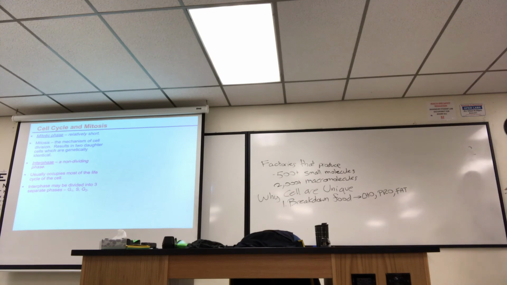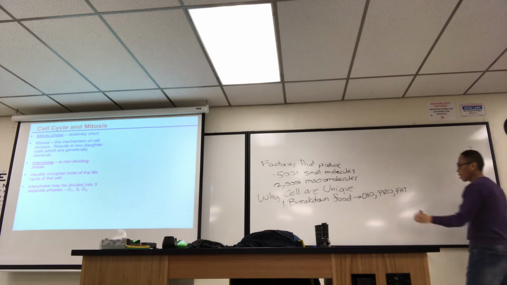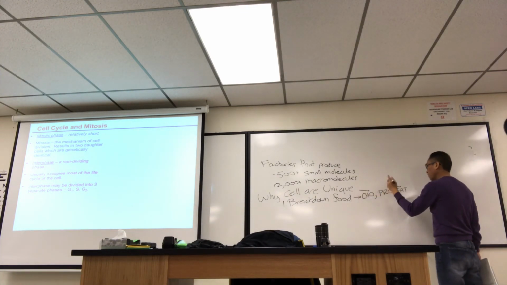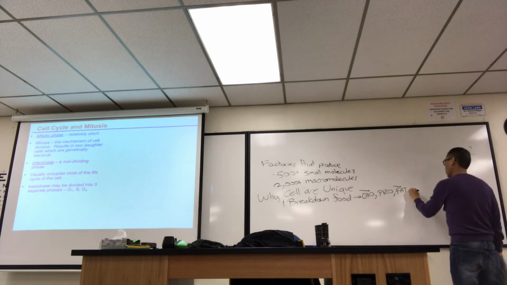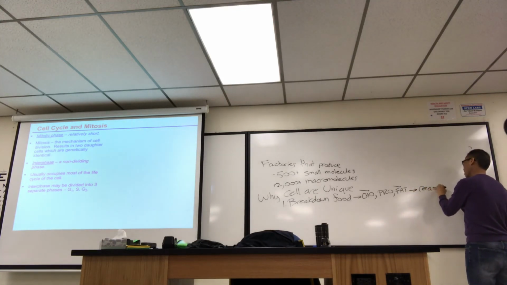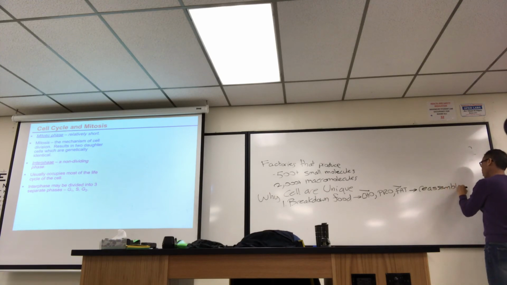When you work out, you only use 2 of the 3, carb and fat. You don't even burn protein during the workout. And what they can do is break them down and reassemble the parts into usable parts.